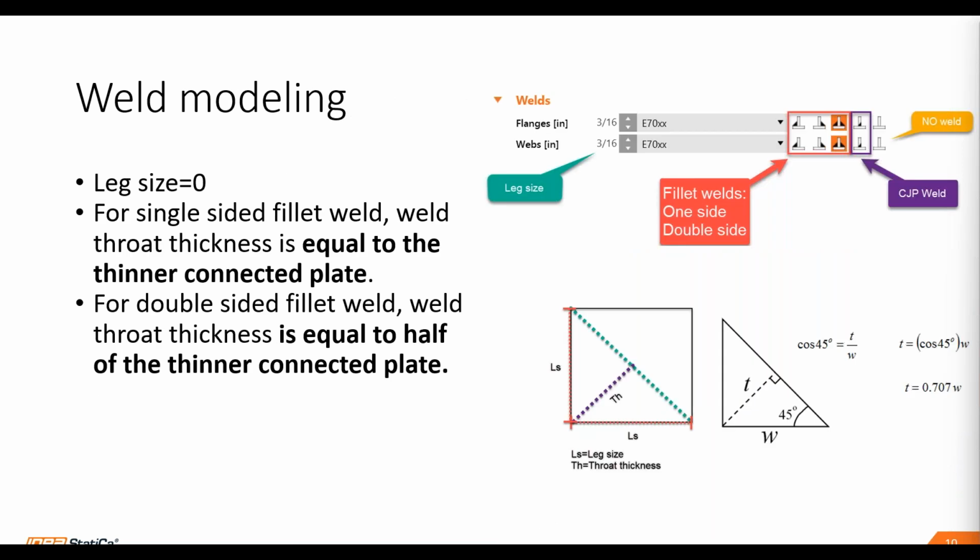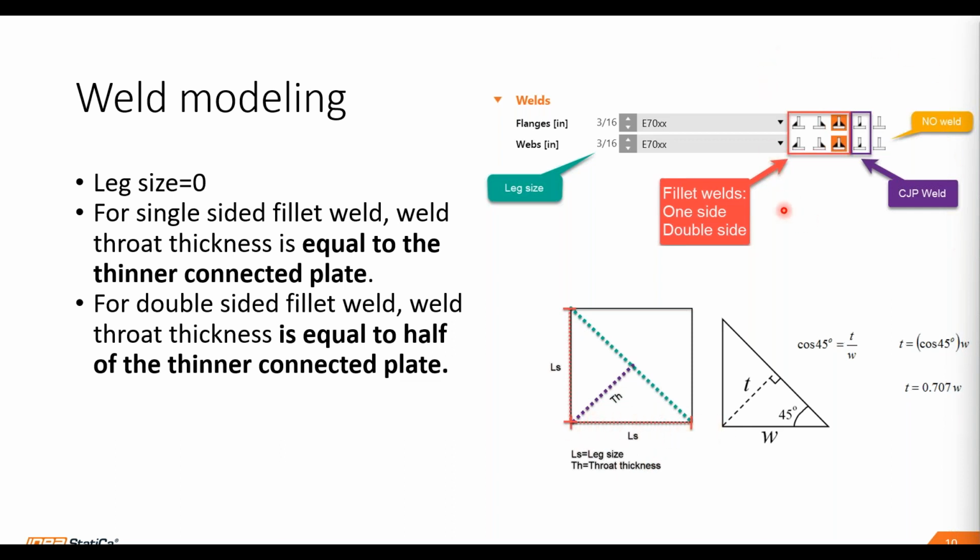All right. So when modeling weld operations in IDEA StatiCa, we have the following options. In any operation that has welds, you need to input the leg size. So what is the leg size? Here you can see a section of a weld, and this is what you're inputting over here.